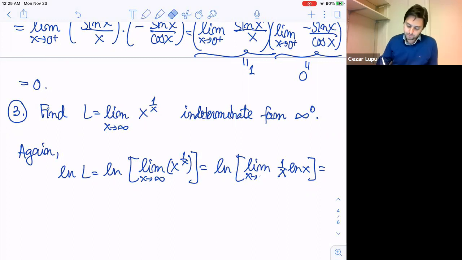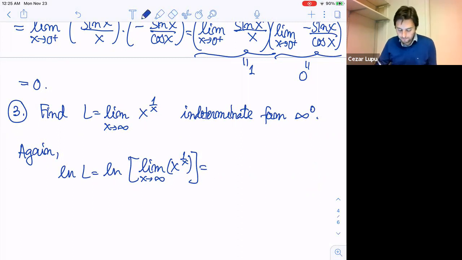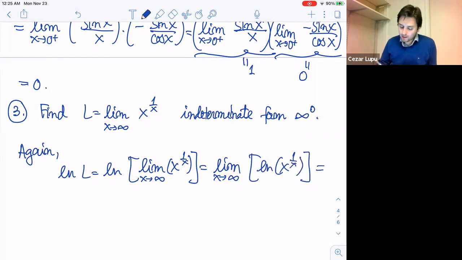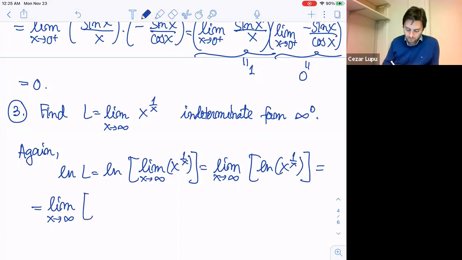Okay, just a second. So this would be the limit of the log. Okay, and now this would be equal to the limit as x approaches infinity of 1 over x times ln of x.